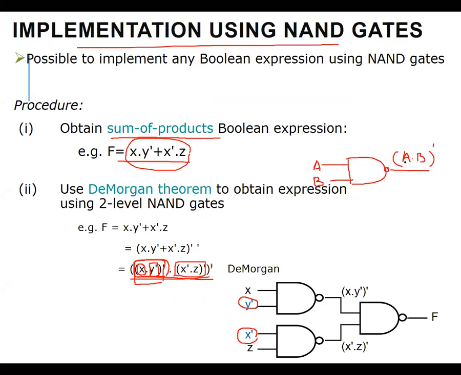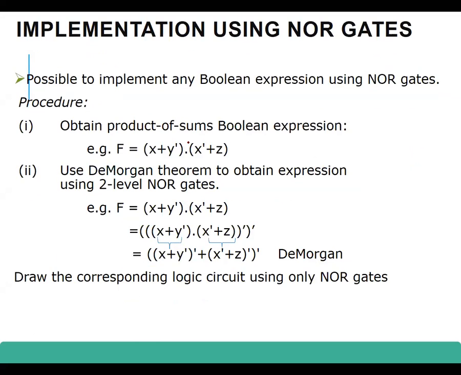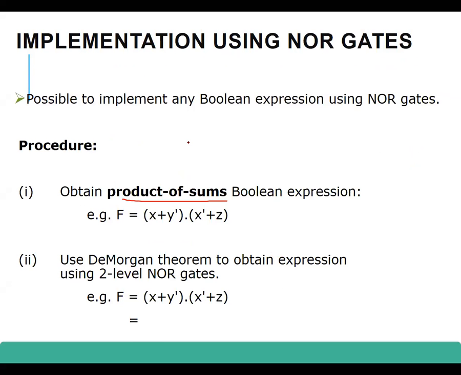It's mainly because when you apply De Morgan's theorem, the things change. So that's why we need to represent this as sum of products form here and product of sums form here.